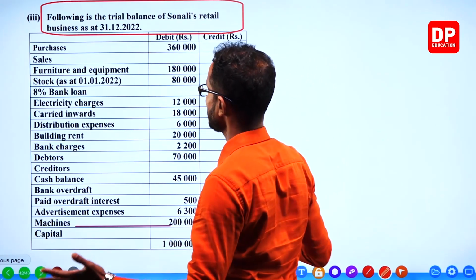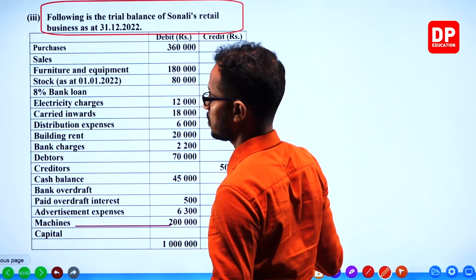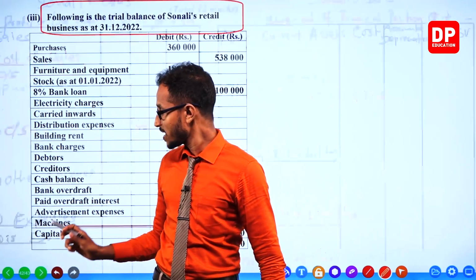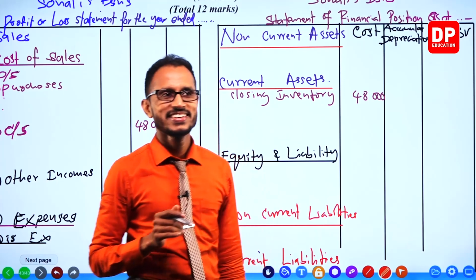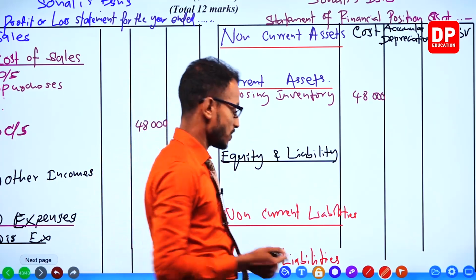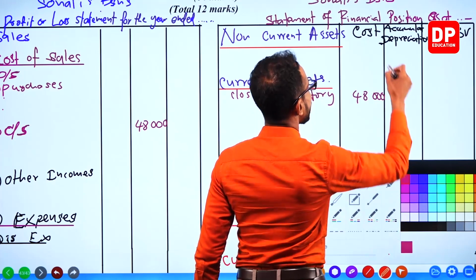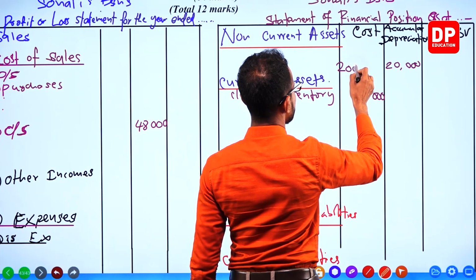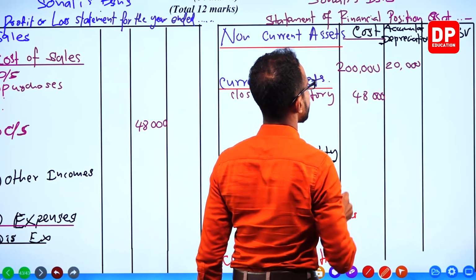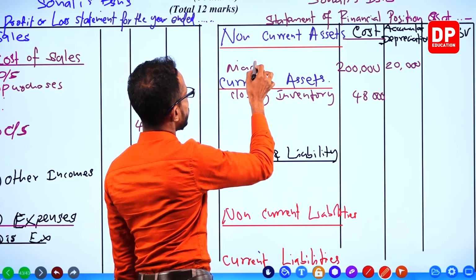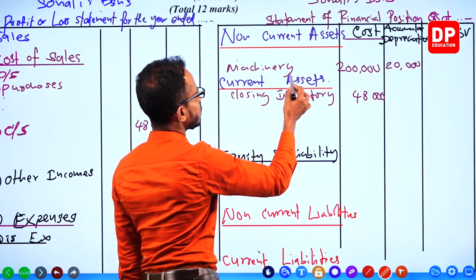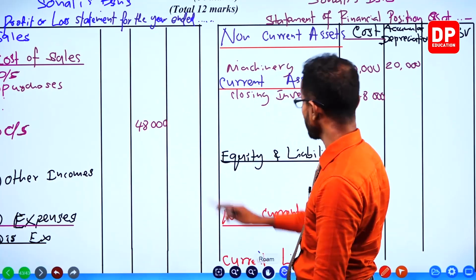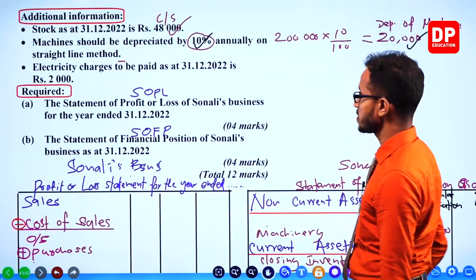But I don't see any machinery depreciation. Which means you can safely put that 20,000, because that is the only depreciation given in this question. But don't forget to mention the cost in the cost column. And the name is machinery under non-current assets. We are done with that.